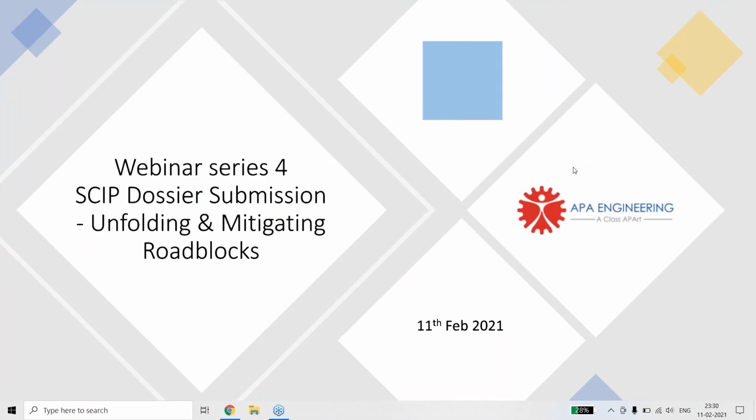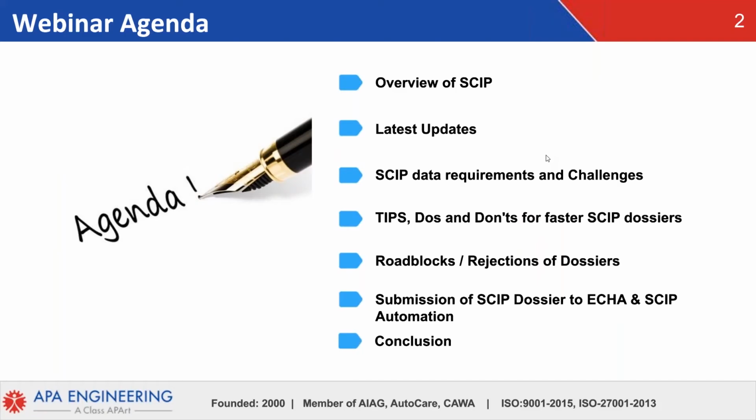Well, good afternoon and welcome to our webinar number 4 on SCIP Dossier submission, where we'll discuss unfolding and mitigating roadblocks to SCIP's dossier submissions. Next slide. First, an agenda. Today we'll do a brief overview of SCIP. We'll discuss their latest updates.